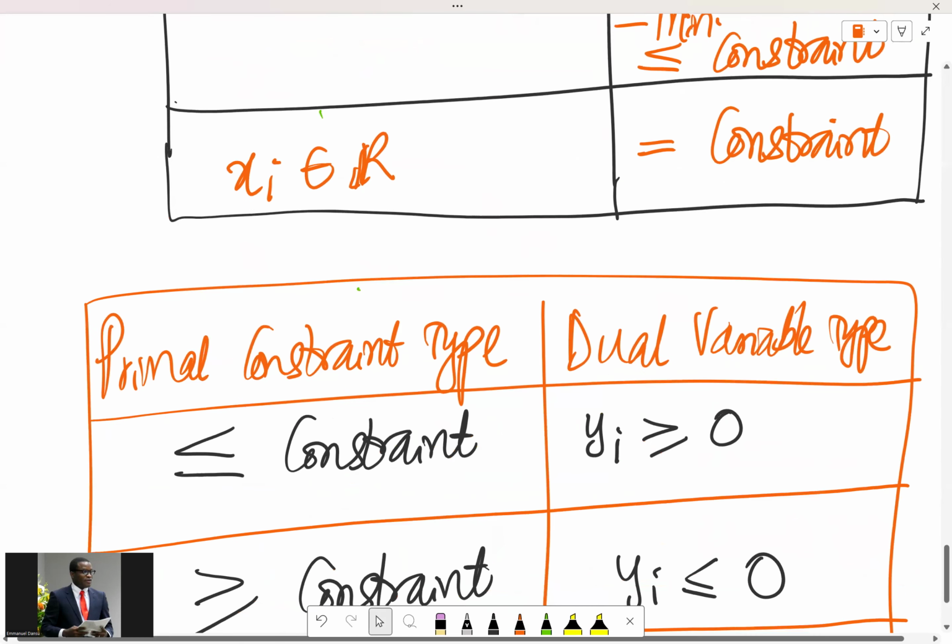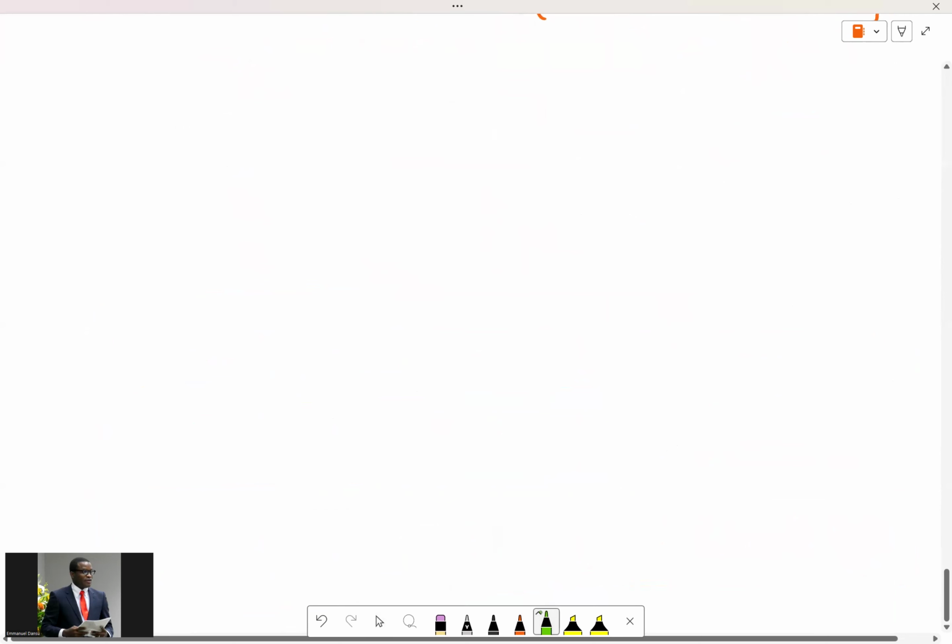And finally, to drive the point home, let's take just one example: take a primal problem, transform to dual, and we are good to go.